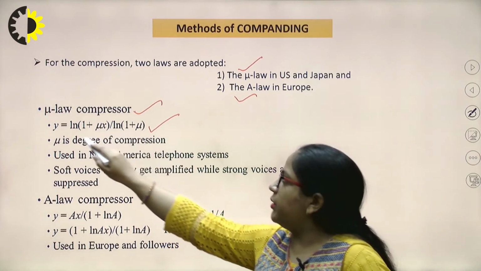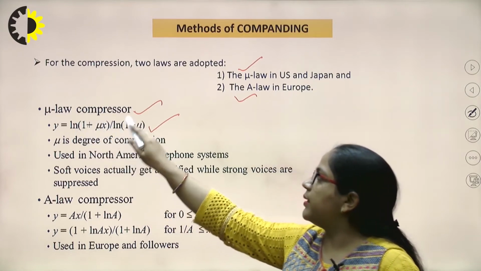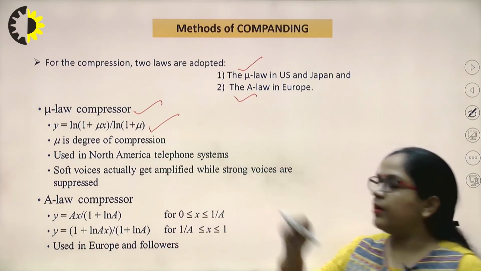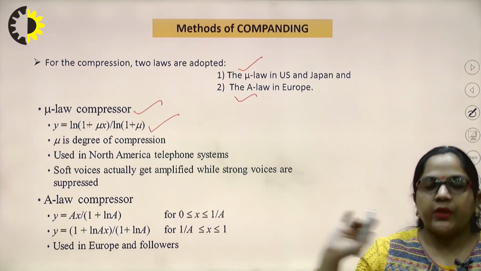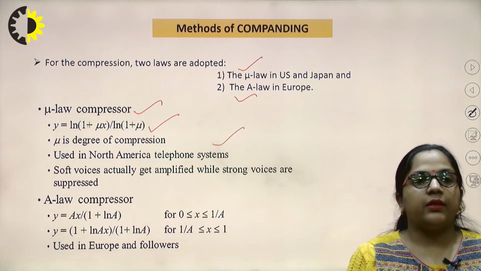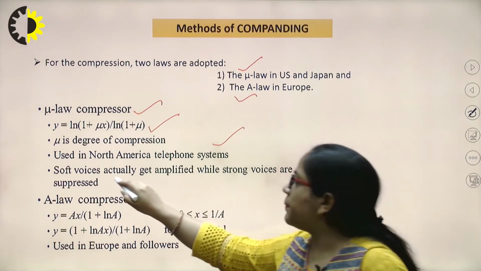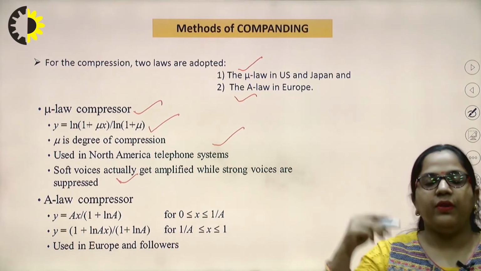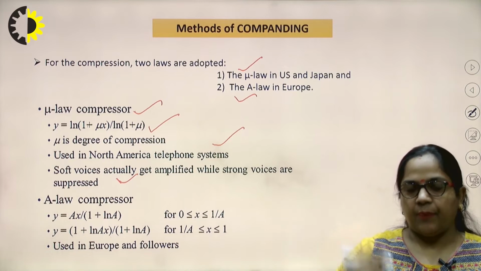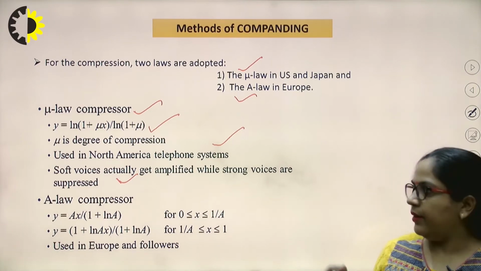In this expression, it is ln of 1 plus mu x divided by ln of 1 plus mu, where mu is the degree of compression. This particular law is used in the North American telephone system. Soft voices get amplified while strong voices are suppressed in the compressor. In the compressor, we attenuate the higher amplitude signals and amplify the signals having lower amplitude.